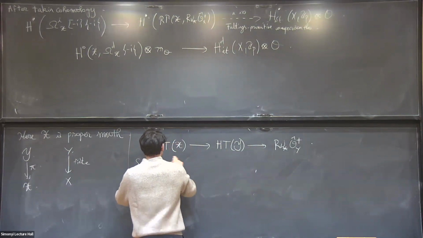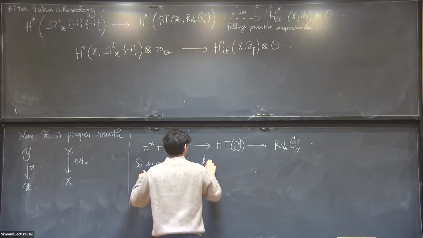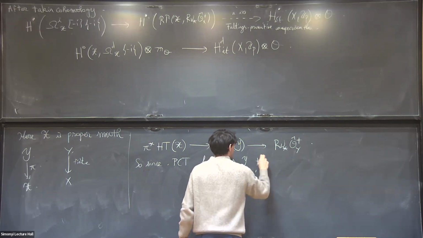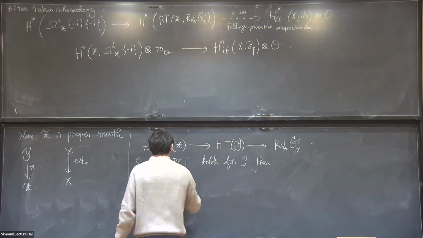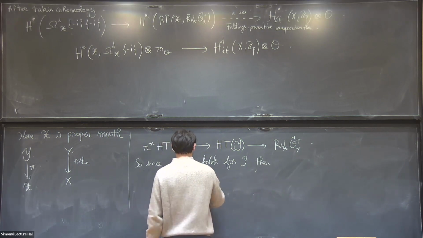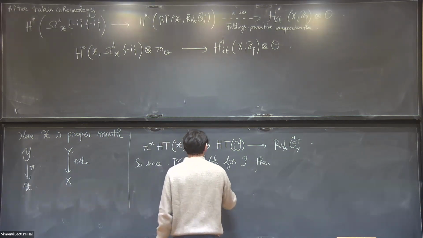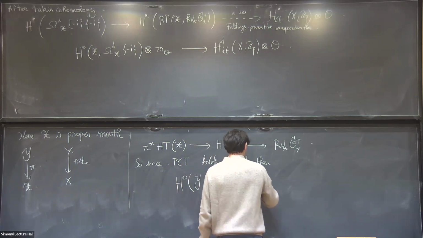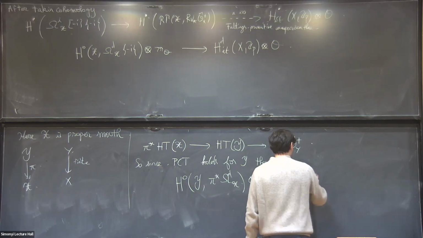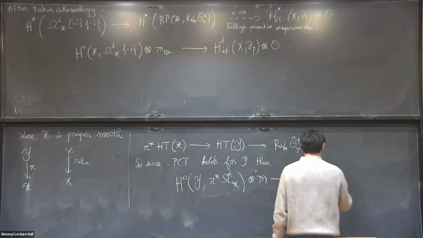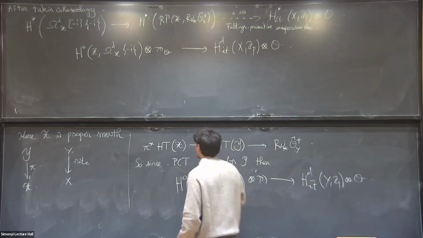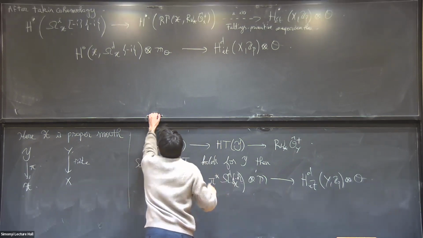So since the primitive comparison theorem holds for y, then you get the map from the H0 of y, but for the pullback of the differentials of the smooth guy, to the HD etale of y Zp. Sorry, here I forget the varieties and twist.